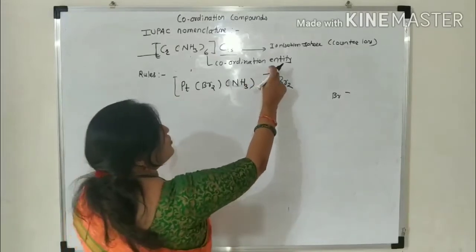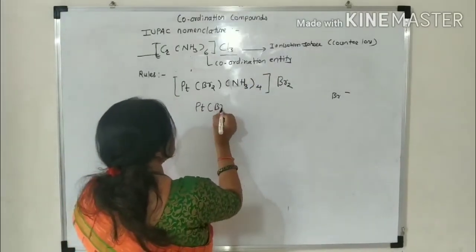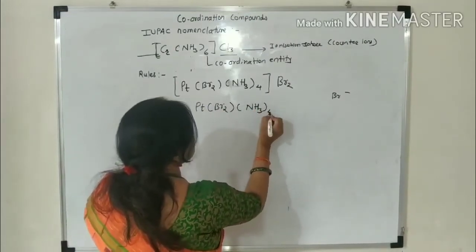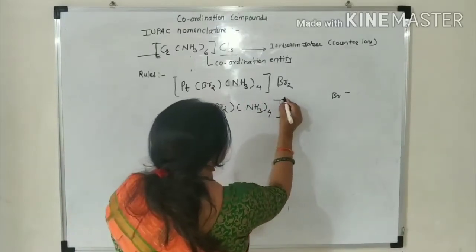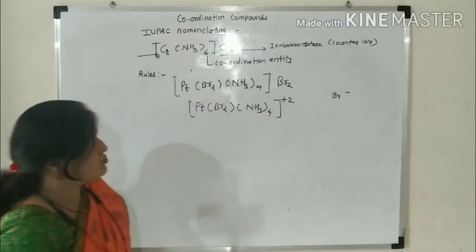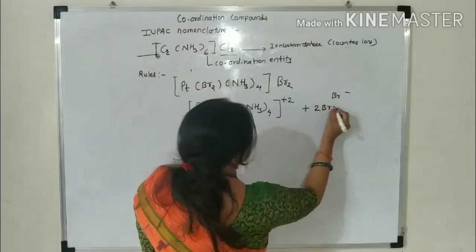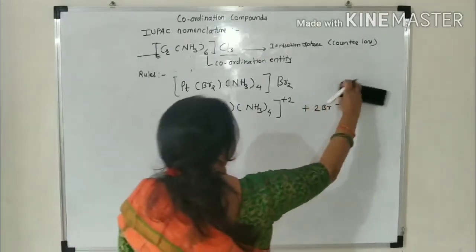And then on the coordination sphere there will be Pt, Br2, NH3 4 times. Here will be +2. Okay, +2 plus 2Br minus. After ionization you will get like this.